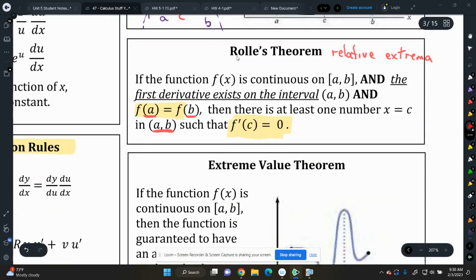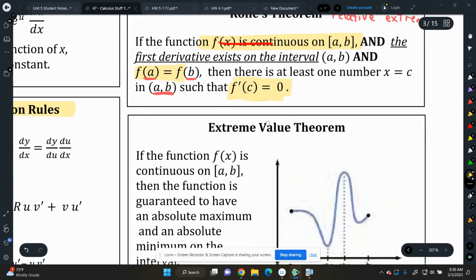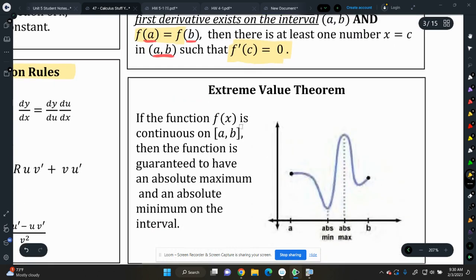Rolle's theorem, also continuous on that closed interval and differentiable, says that if I have two y values that are equal on that interval, then somewhere in between I've got an instantaneous rate of change that's equal to zero. Rolle's theorem can be used to show that there is a maximum or a minimum point on that interval.